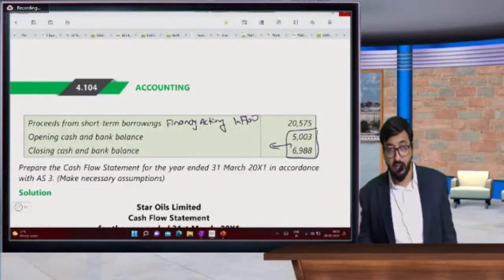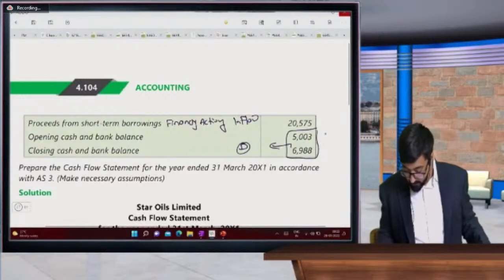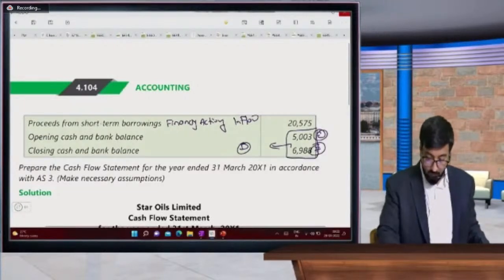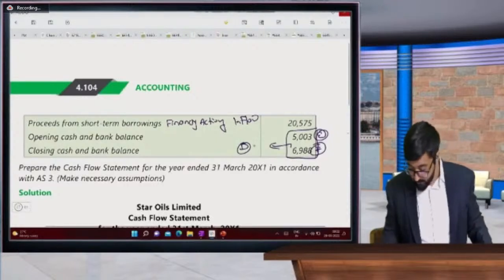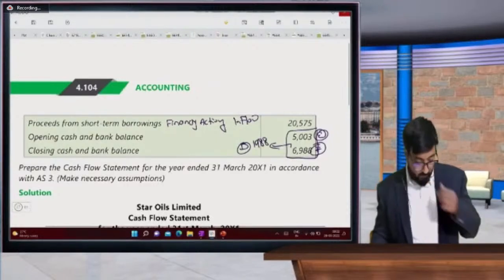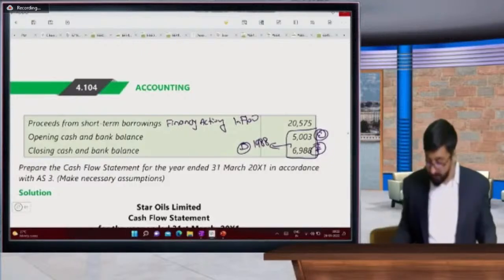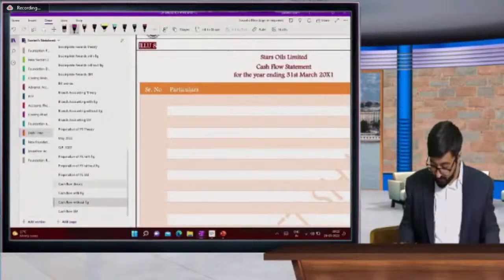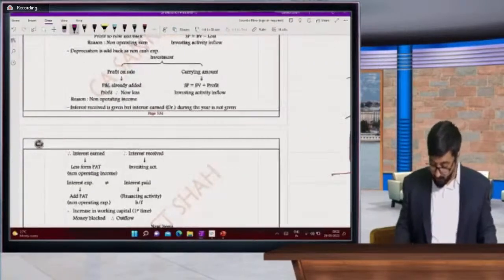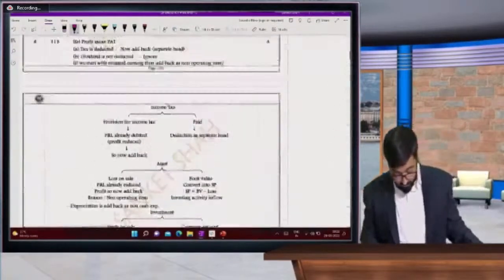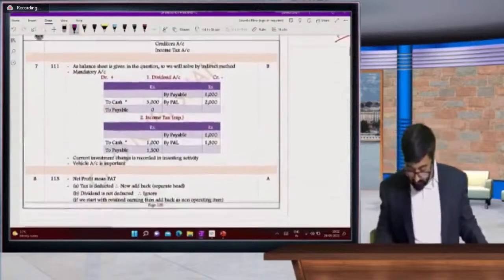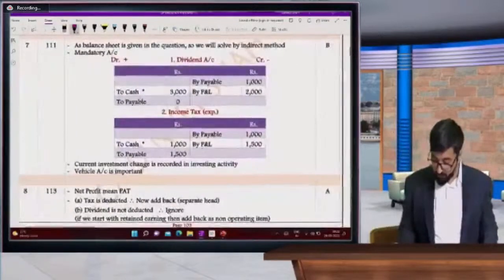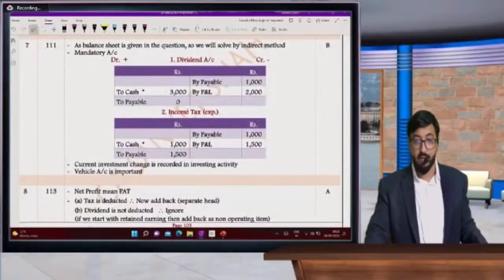Opening and closing difference D, this is E F. So everything is given, beta. Just take the index screenshot for ILU 7 and ILU 8.